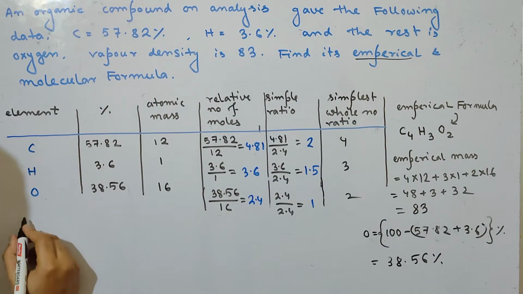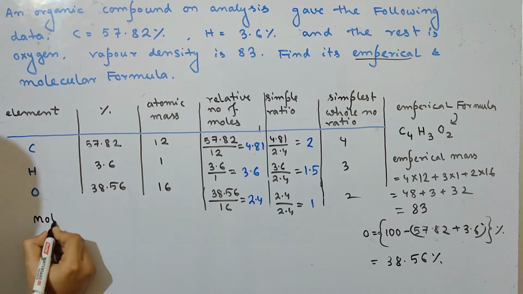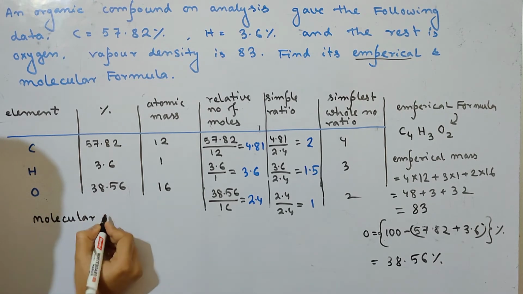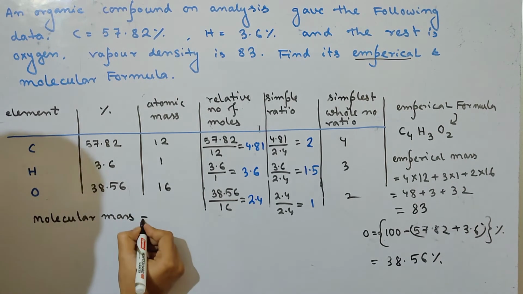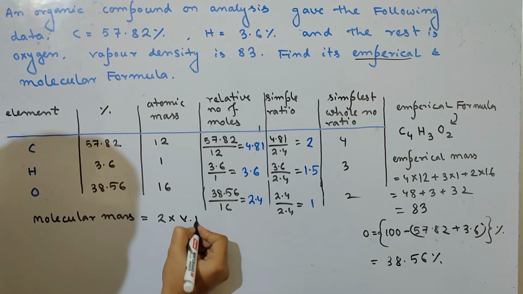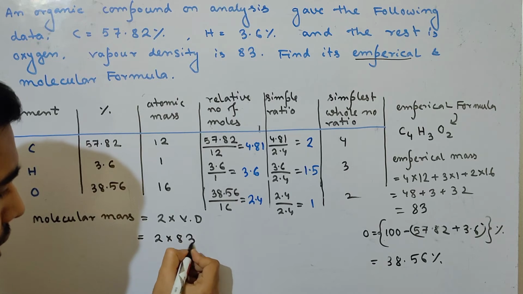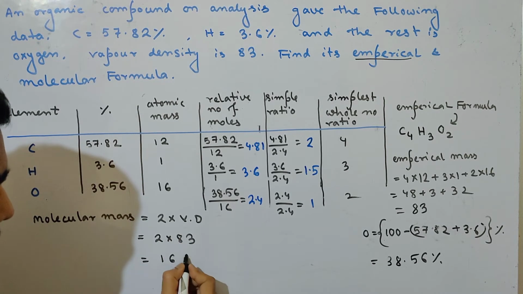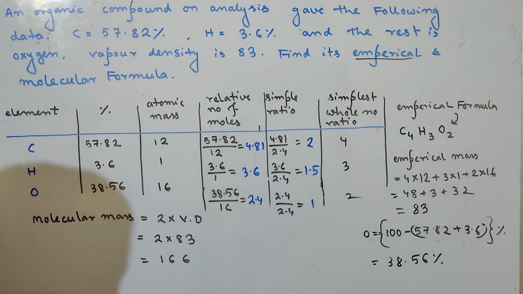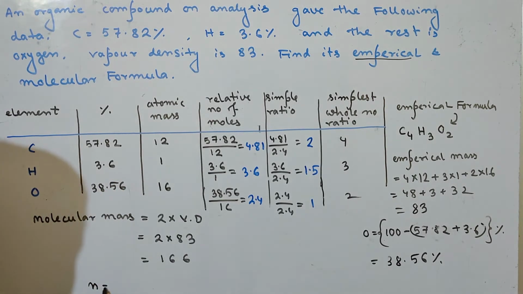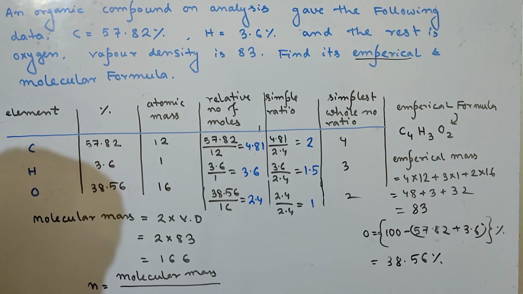At the same point of time, we know molecular mass is equal to 2 into vapor density. So it should be 2 into 83. So we are getting 166. So now the value of n is molecular mass divided by empirical mass.